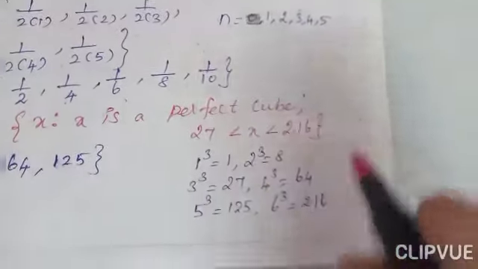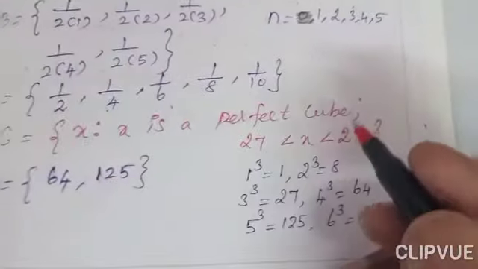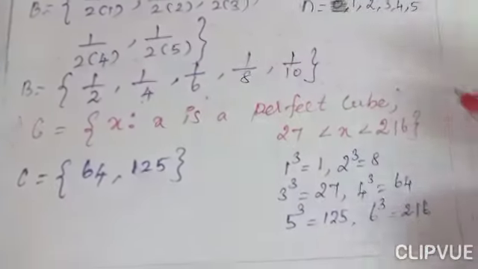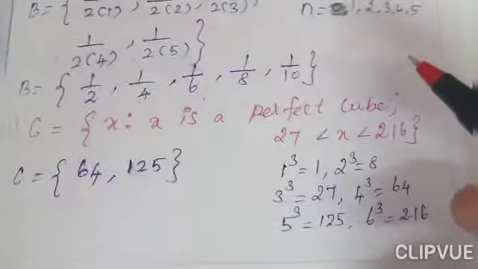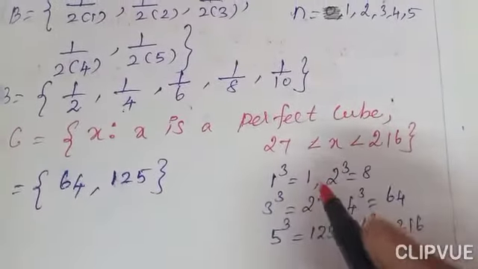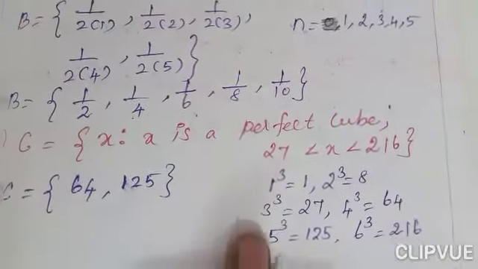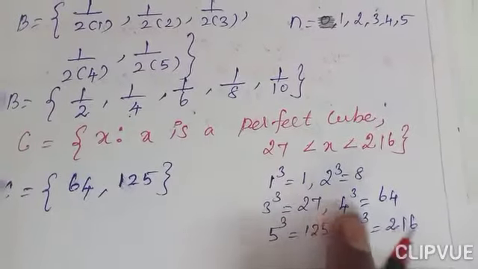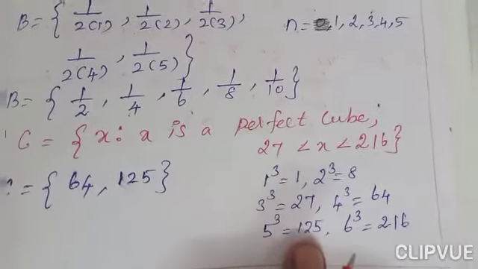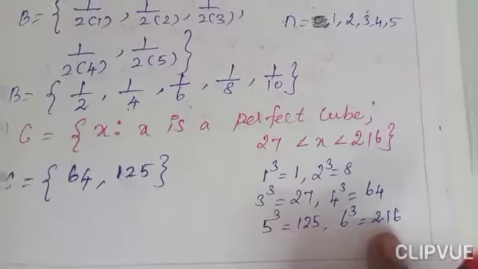Before we do the sum, first we recall the cube numbers. 1 cube is 1, 2 cube is 8, 3 cube is 27, 4 cube is 64, 5 cube is 125, 6 cube is 216.